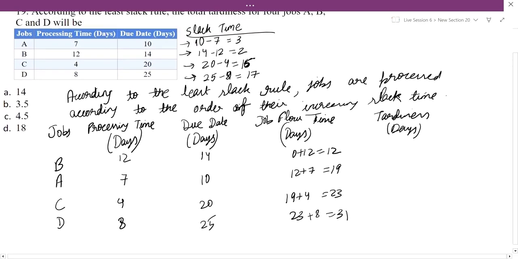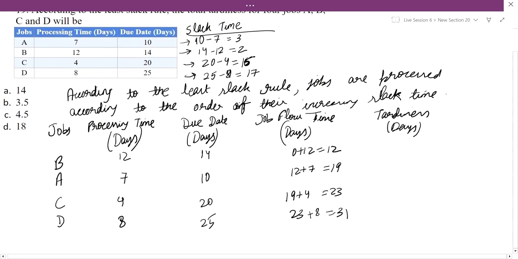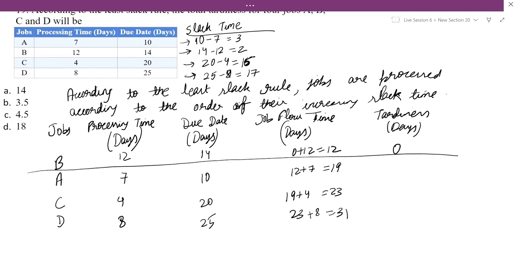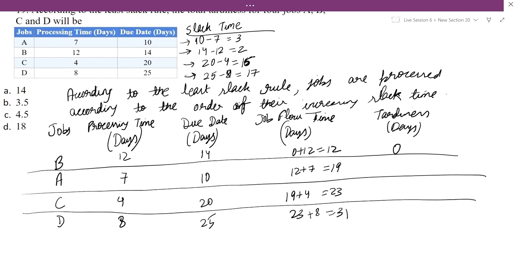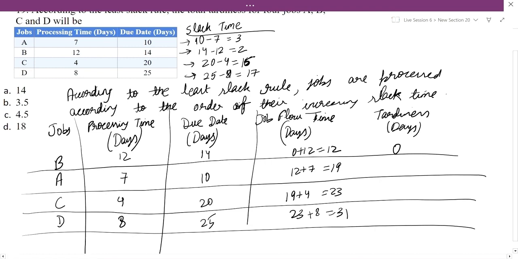Now tardiness. For job B, the job flow time is less than the due date time, so tardiness is 0. For job A, job flow time is greater than the due date time. The tardiness is 9.